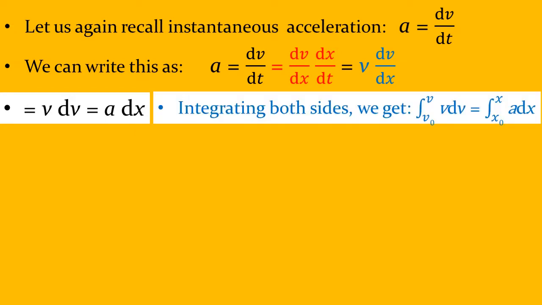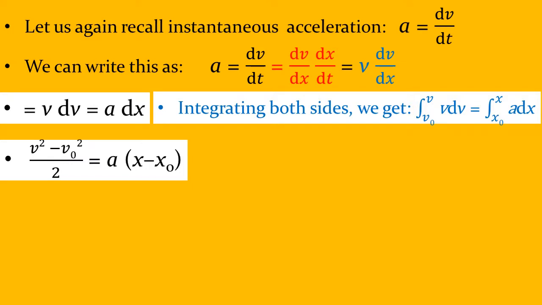I can integrate both sides. So I got integral of v dv between limits v0 and v on the left hand side equal to integral of a dx between limits x0 and x. Now, what is the integral v dv? Integral v dv is v square by 2. So if I put the limits, it is v square by 2 minus v0 square by 2, which I can write as v square minus v0 square by 2.